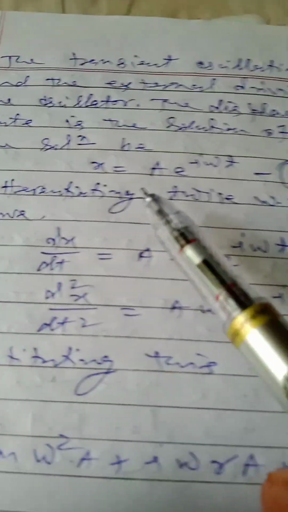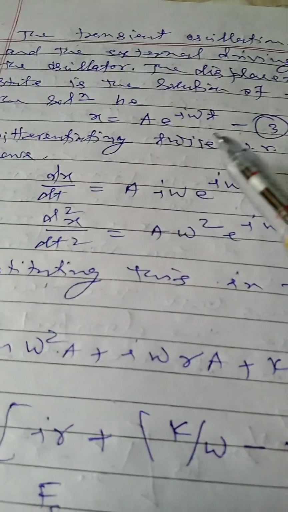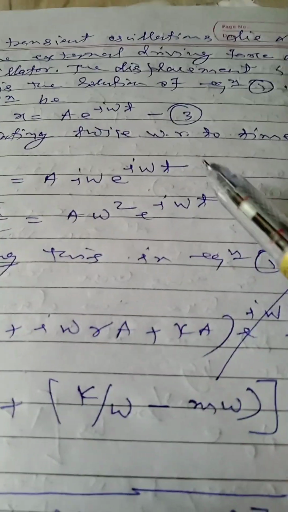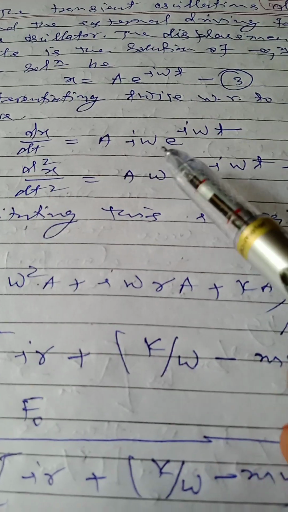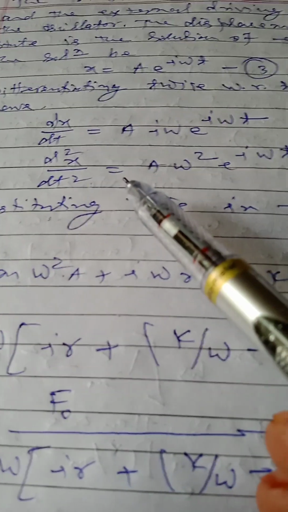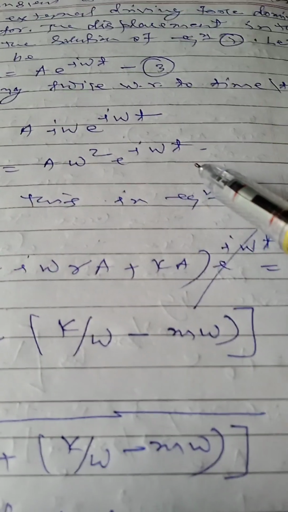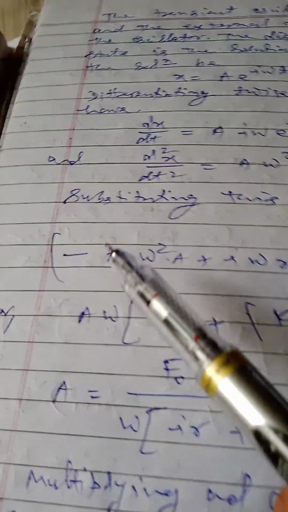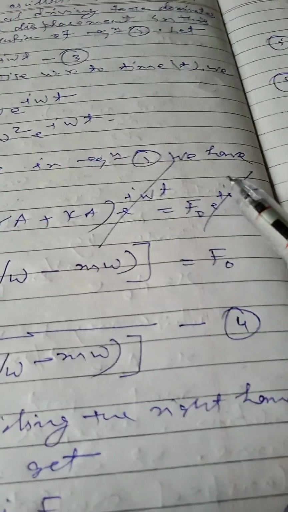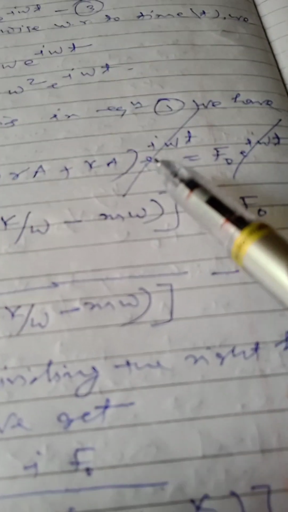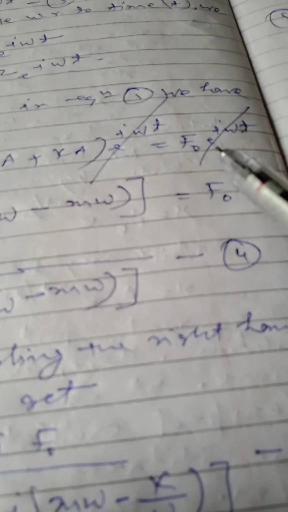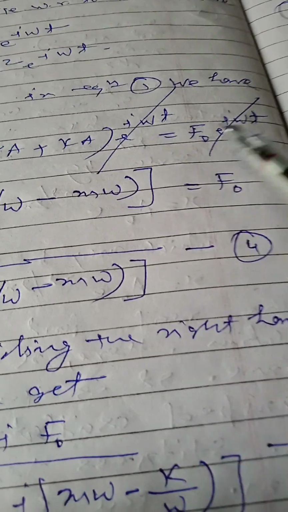Let the solution be x is equal to a e to the power i omega t. Differentiating twice with respect to time, we have dx by dt is equal to a i omega e to the power i omega t, and d2x upon dt square is equal to minus a omega square e to the power i omega t. Substituting this in equation first, we have minus m omega square a plus i omega r a plus k a, times e to the power i omega t, equal to f naught e to the power i omega t, and this cancels out.